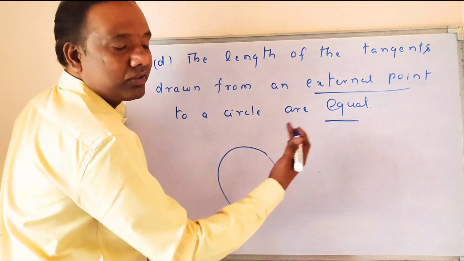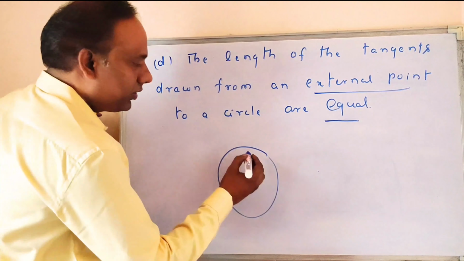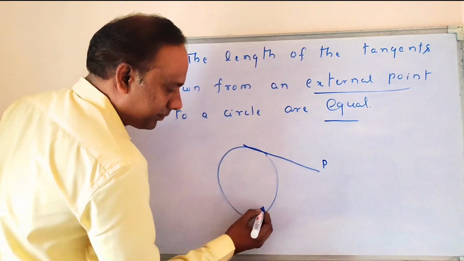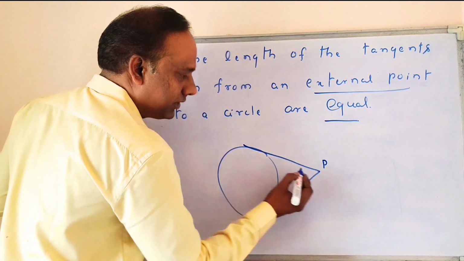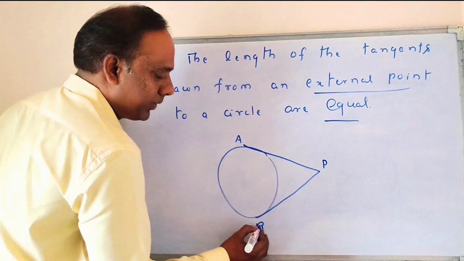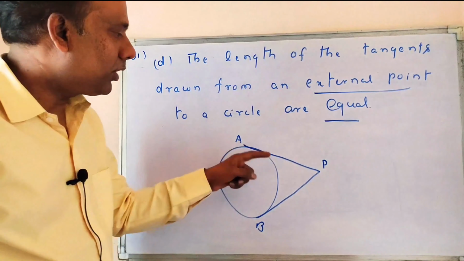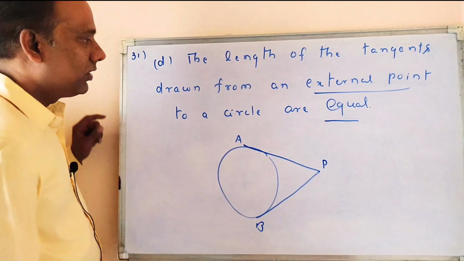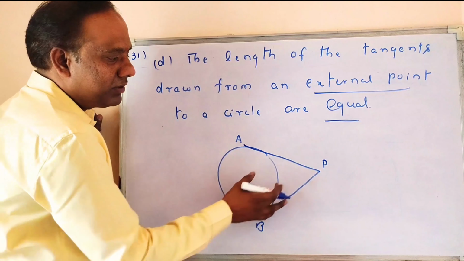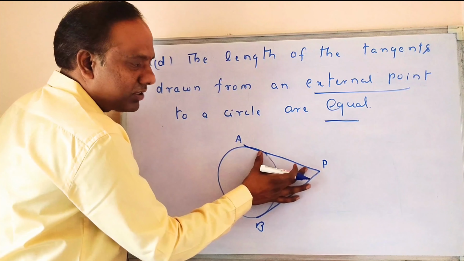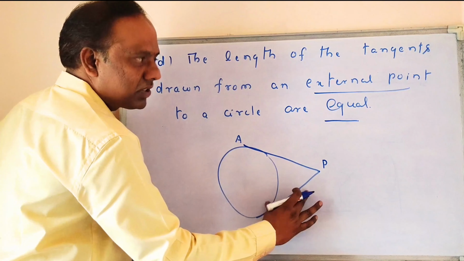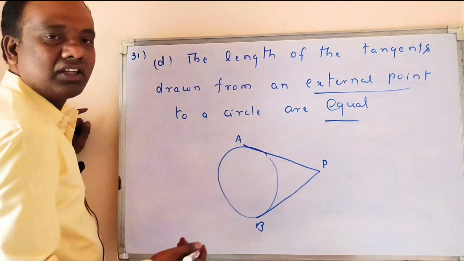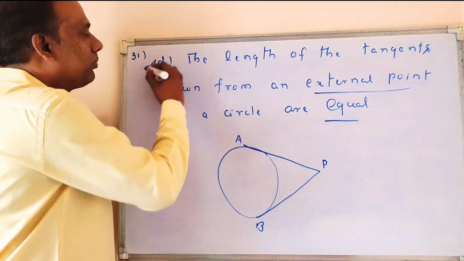If you draw the tangents from point P, suppose this is A and this is B, then this distance and this distance will be equal. It is actually a theorem. So this statement is also correct.